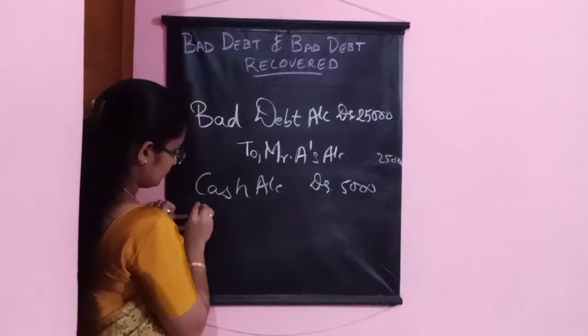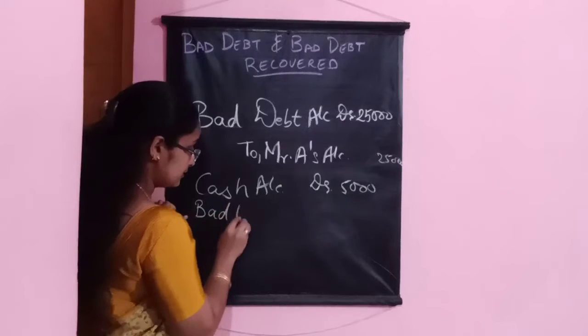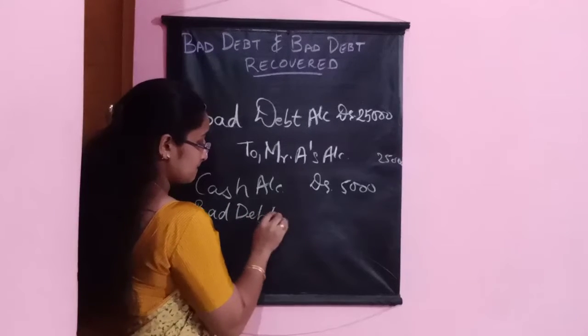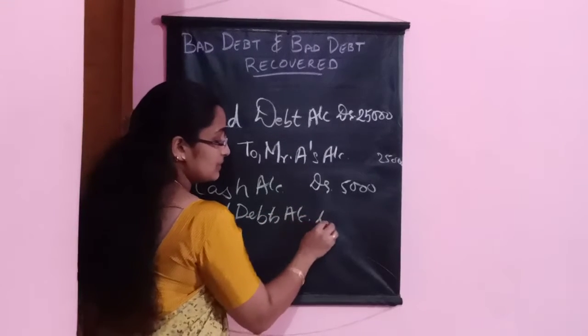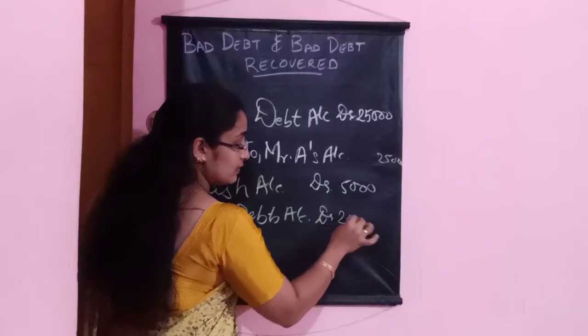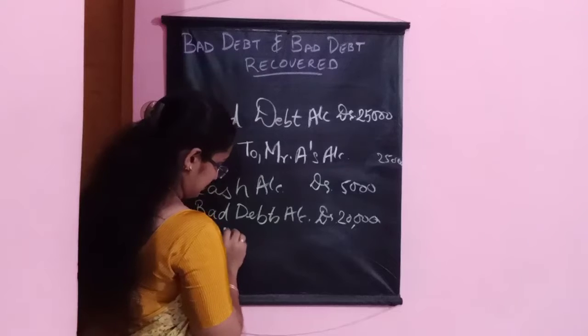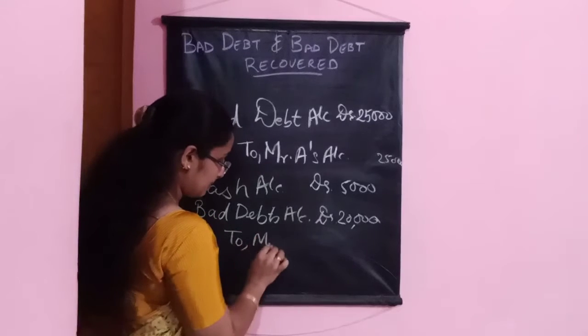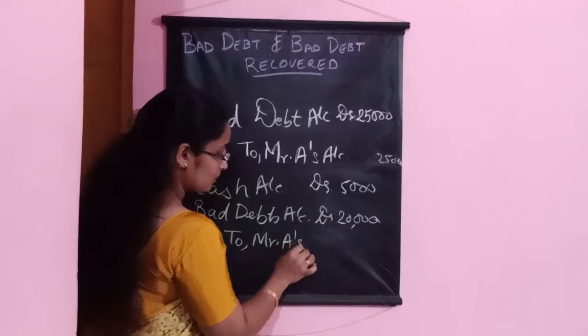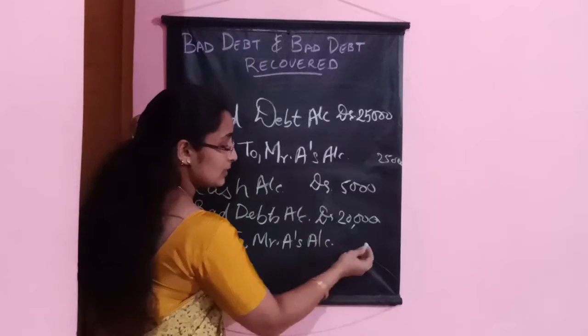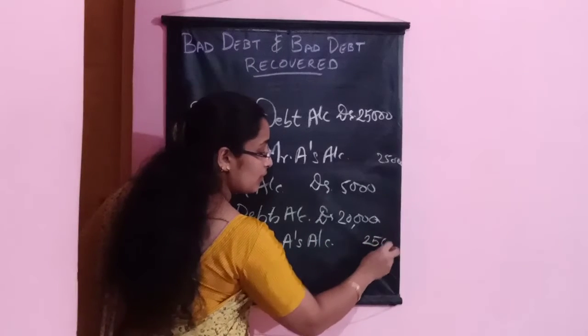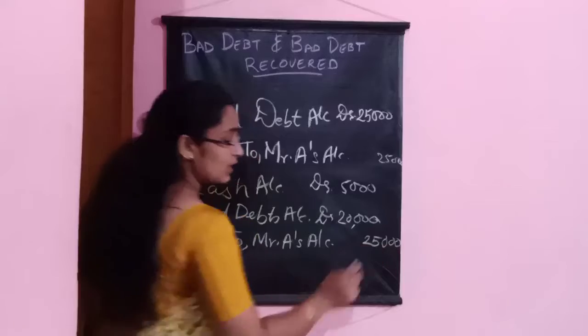Then the remaining bad debts will be debited for rupees 20,000 and Mr. A's account will be credited with the whole amount of 25,000.